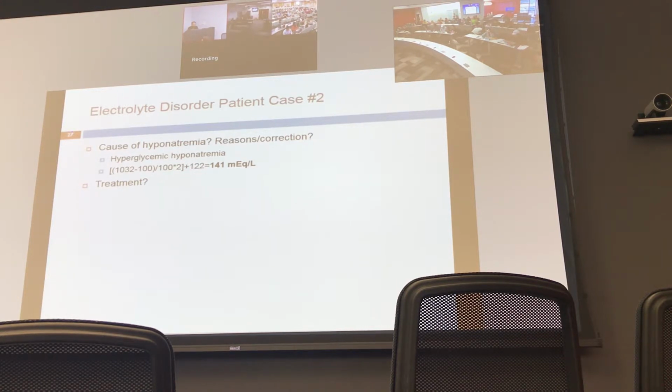So 1032 minus 100 is 932. So that's approximately 9 hundreds over 100. Then you want to add 2 for every 100. So you add 18 and a little bit of change. In this case, 141, which is very close to the 137 that I heard.